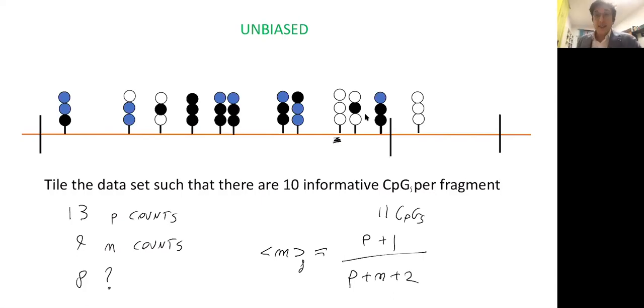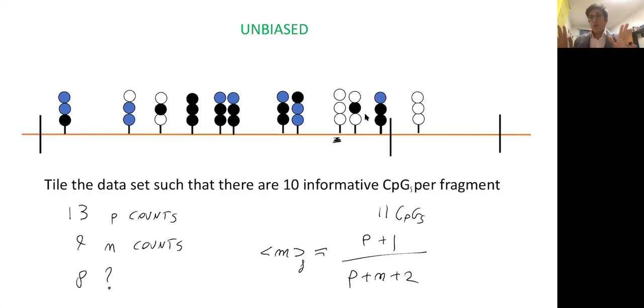You can already see the reason for the plus 2 and plus 1: let's imagine that for some reason we took a fragment without any information. Then without this plus 1 and plus 2, we would have P equals 0, N equals 0, so we would have 0 divided by 0. So it would be a problem. And so we take this definition of average methylation. There are other possible definitions, but for now we will take this one.